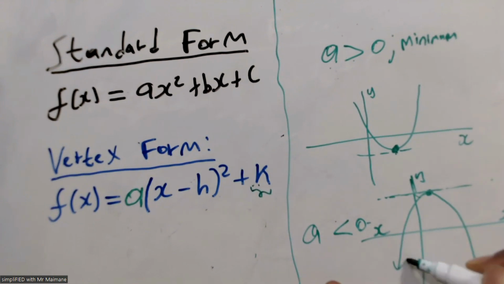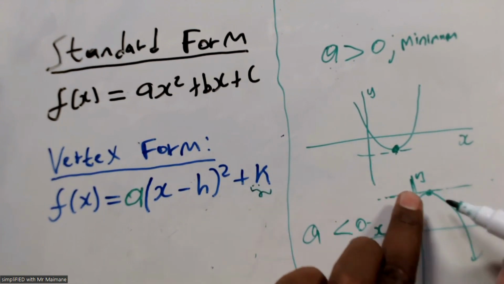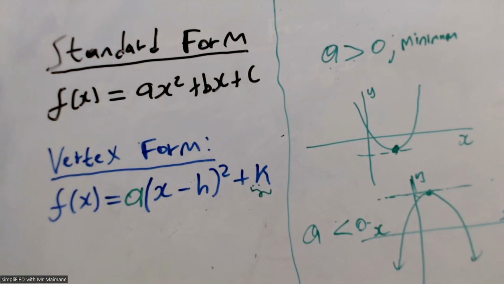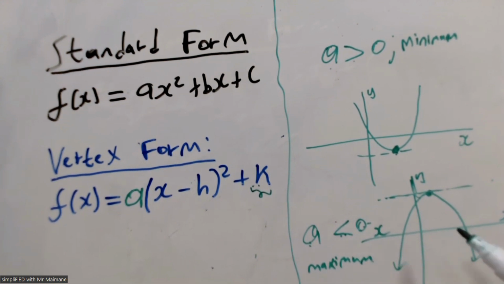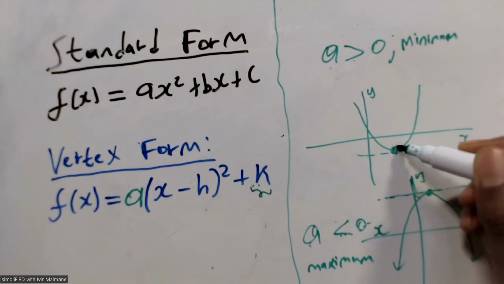So from here, this is the maximum of the vertex, and then it goes down. So when A is less than 0, we say the vertex is a maximum value. Everything is happening there by the turning point.